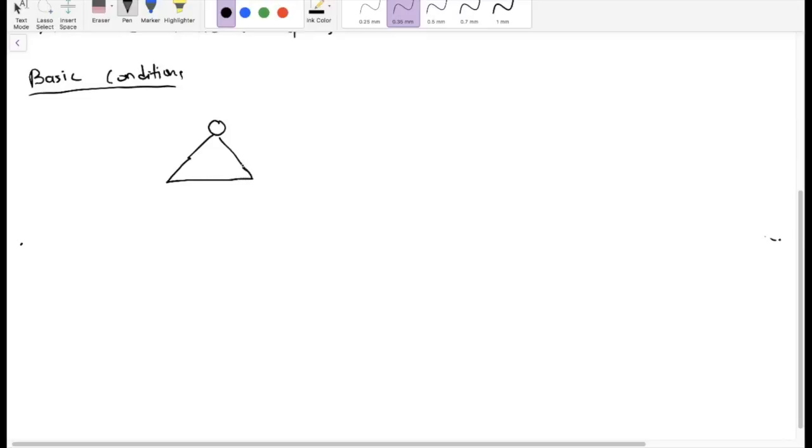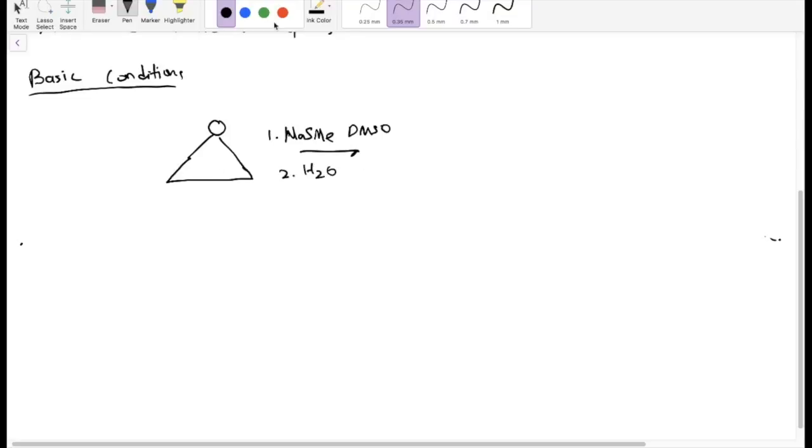Still trying to get used to this tablet. Okay, so we have this simple epoxide, and say we react it with NaSMe and DMSO. This is the first step, and then after that's done, we add H2O.